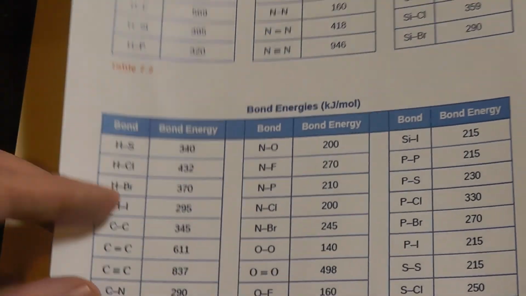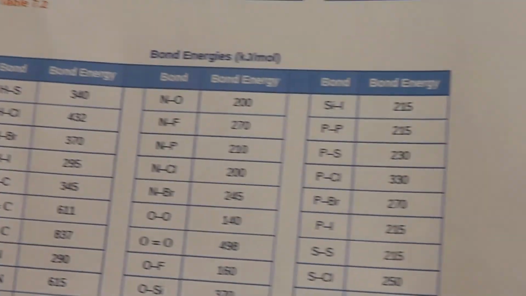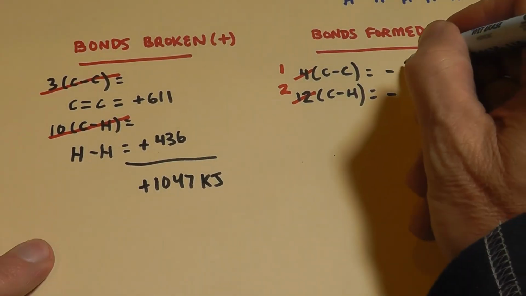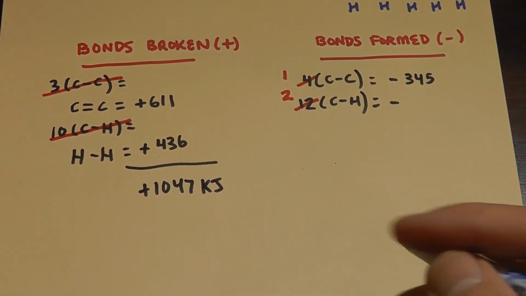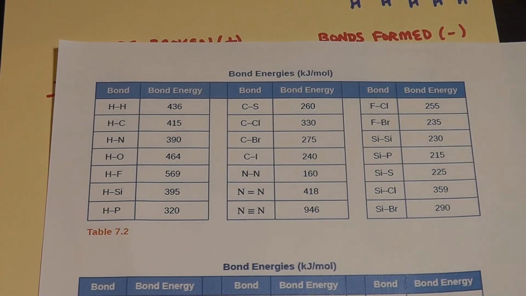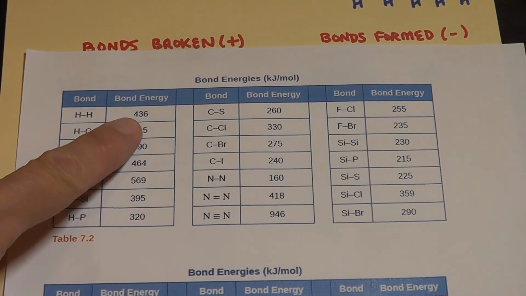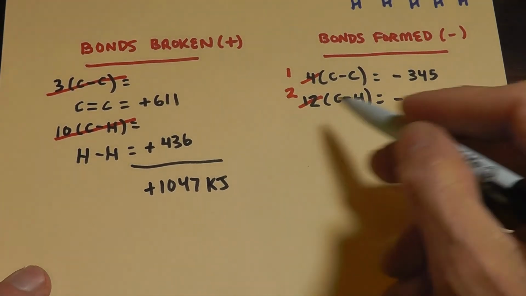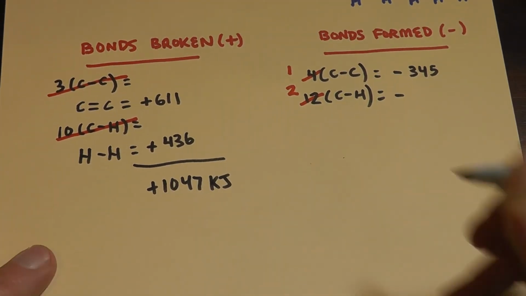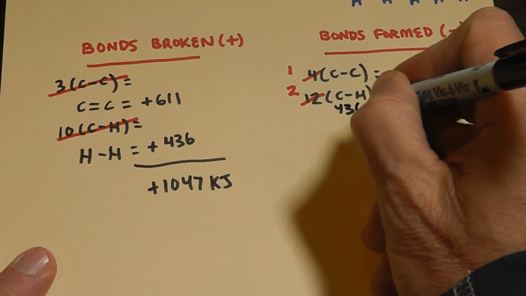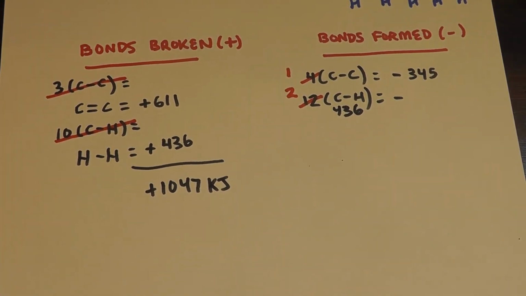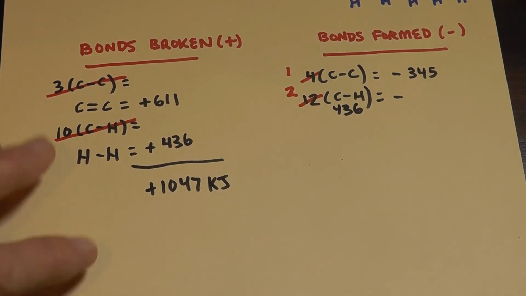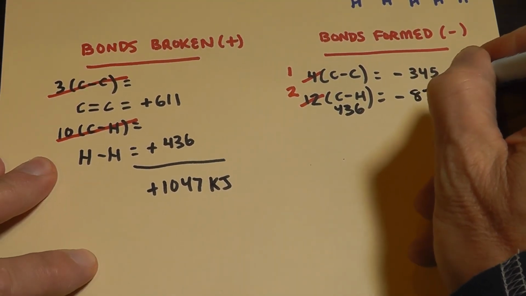Okay, 1 carbon-carbon bond, just from last time, is 345, but negative. A carbon-hydrogen bond is 436, but I'm going to multiply that by 2. So 2 times 436, and then make it negative. 436 times 2 is negative 872.